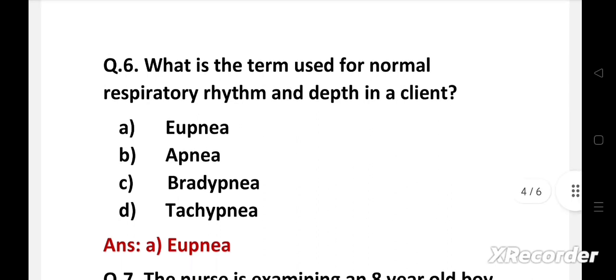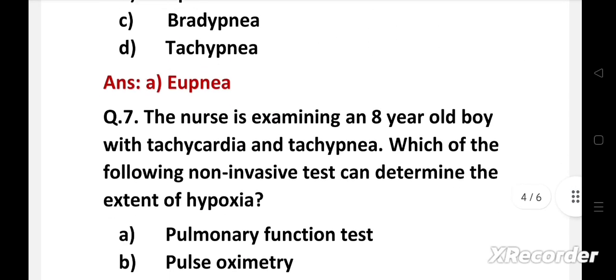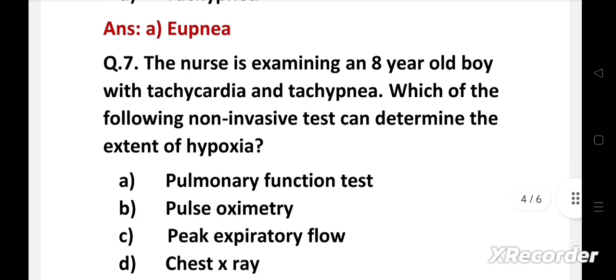Next question. The nurse is examining an 8-year-old boy with tachycardia and tachypnea. Which of the following non-invasive tests can determine the extent of hypoxia?